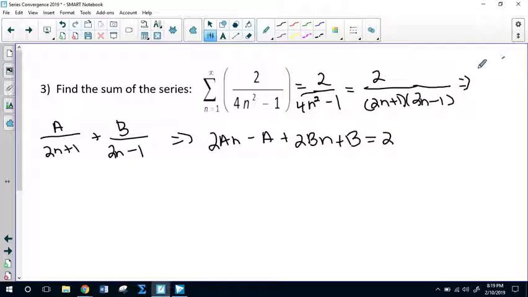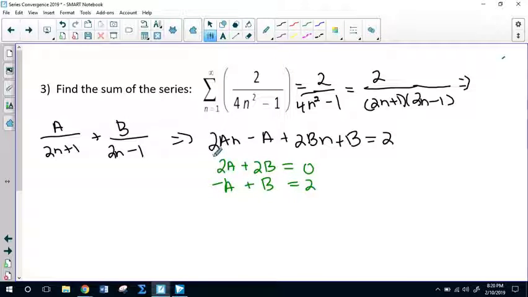So I am now going to combine my n terms and my constant terms, and set them equal to the other side. So I have 2a plus 2b, those are the n terms, and there is no n term on the other side, so 0. And I have negative a plus b, and that whole thing equals 2.